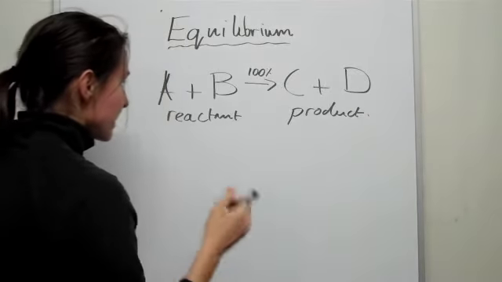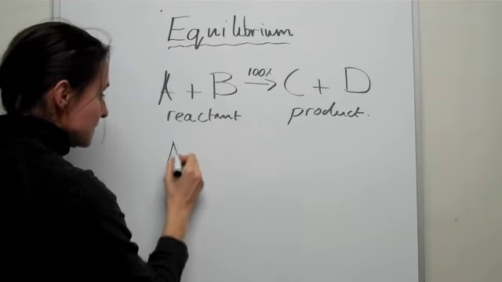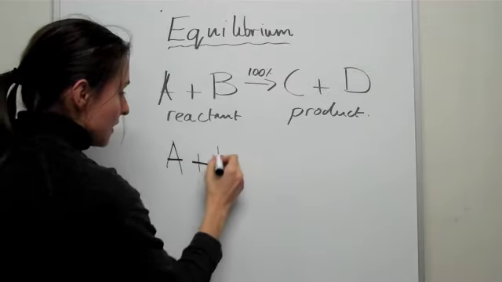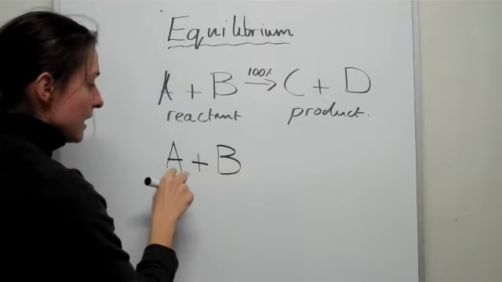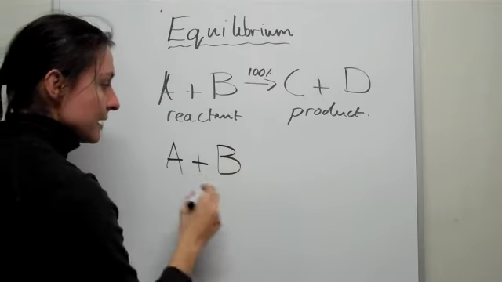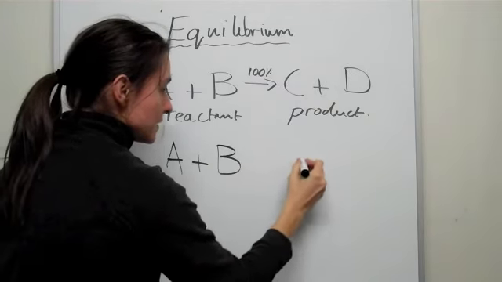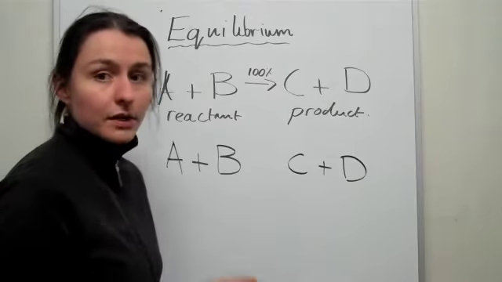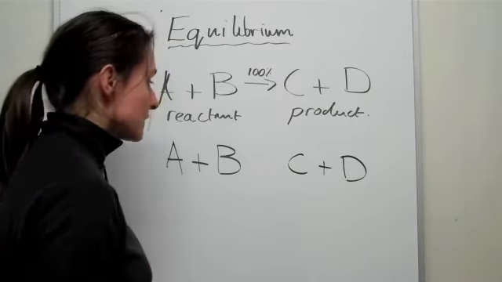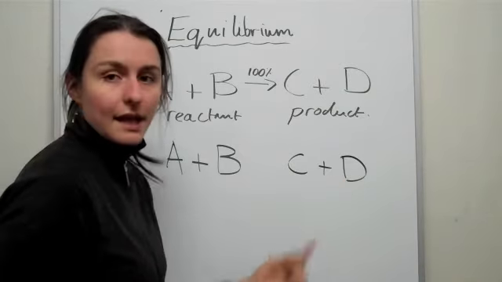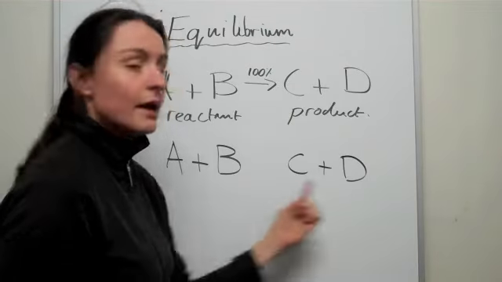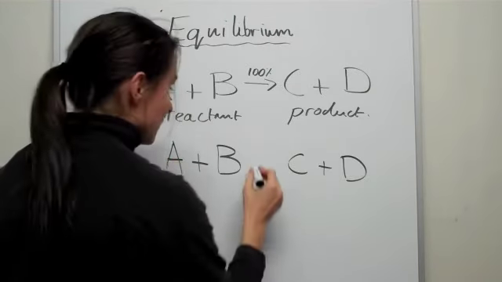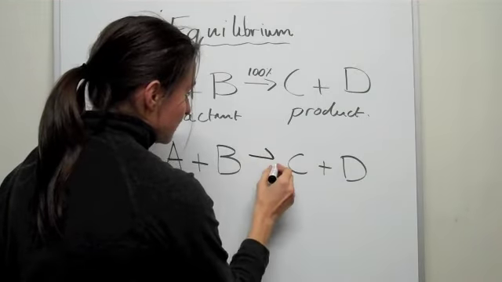Now, what happens in reality in industry cases is that when you first combine two reactants, A and B, they can produce C and D, but then you get to a certain point where C and D can actually react together and go backwards as well. So that is known as an equilibrium equation.